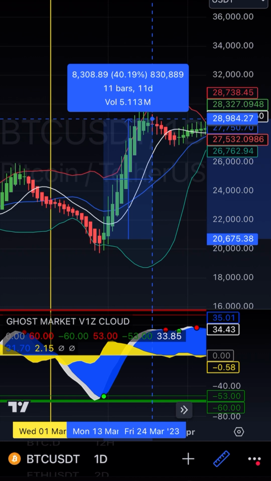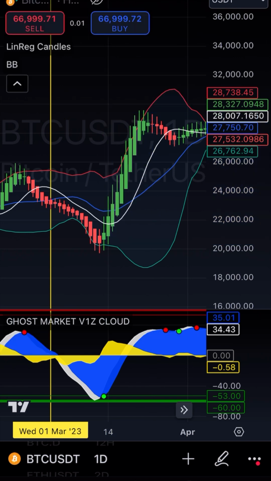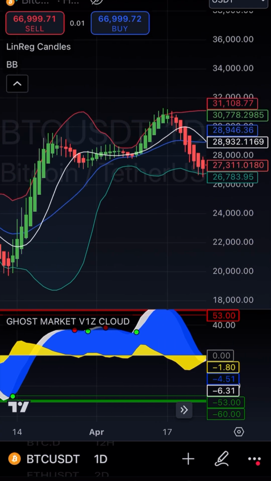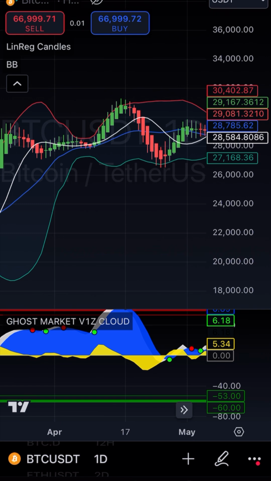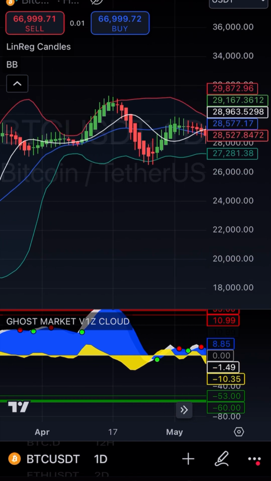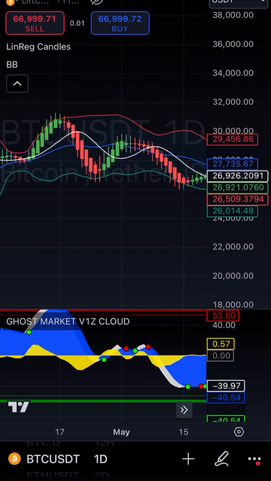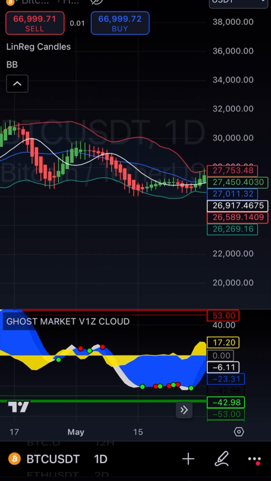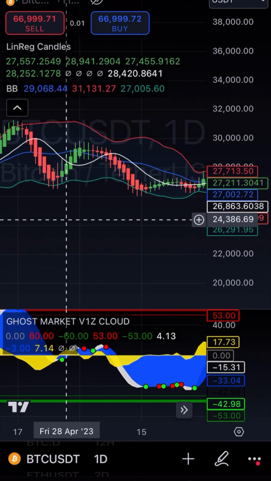This would be your entry. You want to keep looking at your monthly to see if it changes. Otherwise, if it doesn't change, the direction you want to focus on is going long.